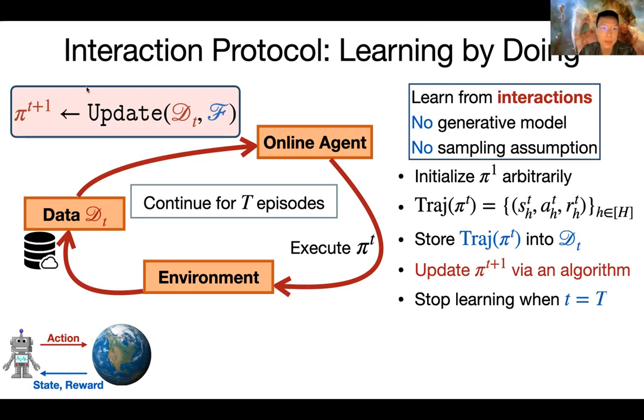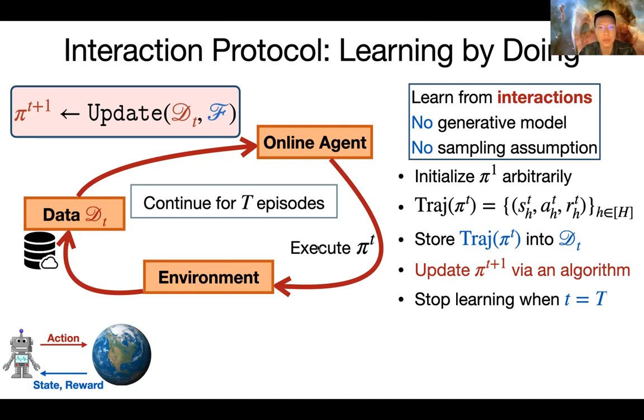And this step is a component we need to design actually. This updating rule takes the current data and the function class as the input and gives us an updated policy. Once we have the updated policy, we'll execute this updated policy again and get new data and repeat this loop.